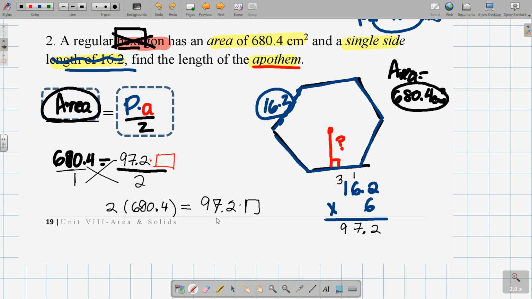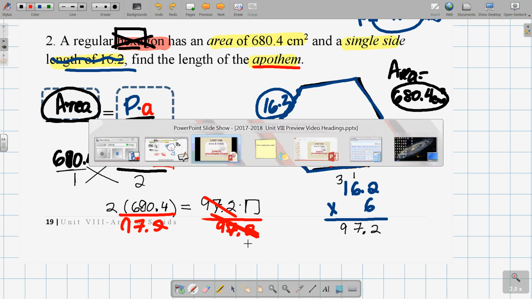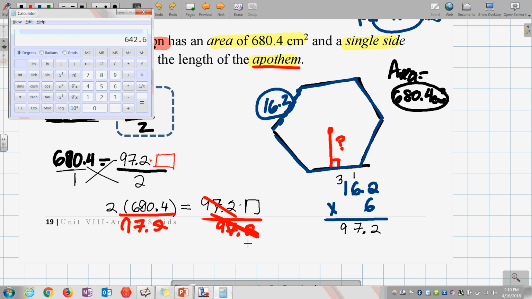I don't like to touch the calculator until the variable is by itself. So now we can do this together.